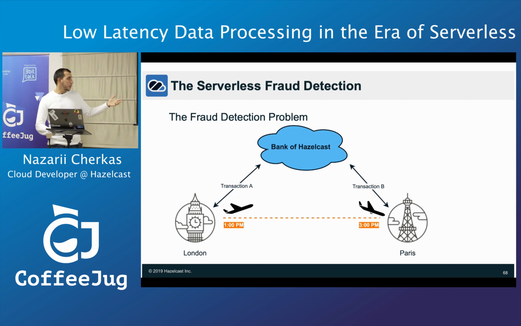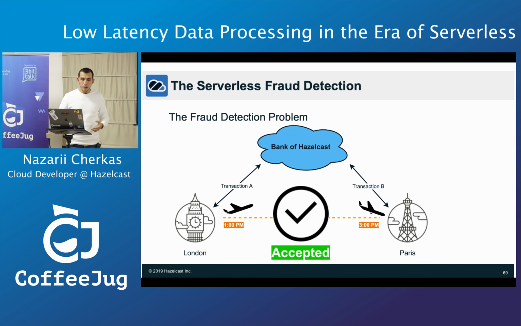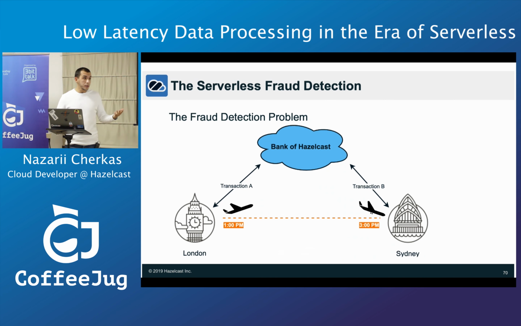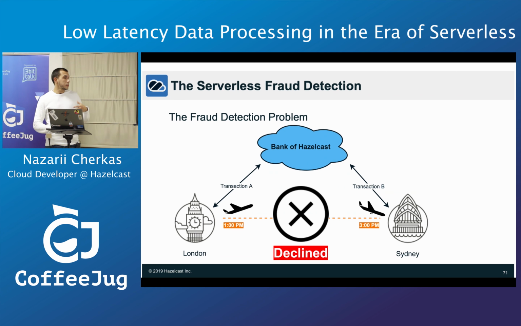So in this case, the first transaction was performed in London, the second in Paris, and we can see there are 2 hours between them. So we can conclude this transaction looks fine. But if that were Sydney and just 2 hours between transactions, we would analyze the coordinates of the airports, and we would conclude that this transaction looks suspicious.